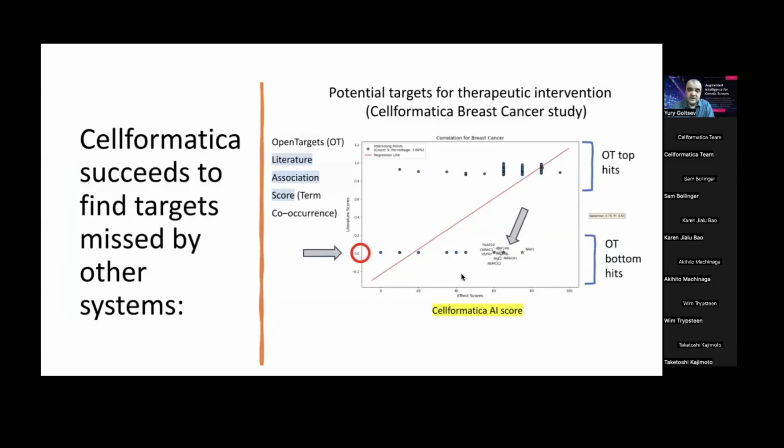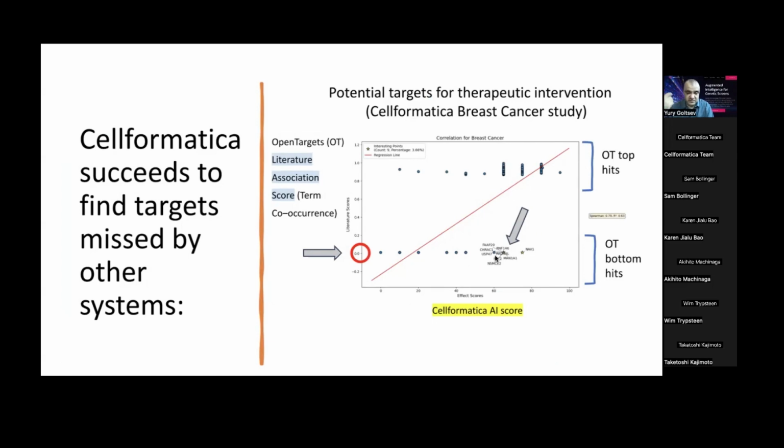Interestingly enough, when we do this analysis by Cellformatica and compare the Open Targets scores with Cellformatica scores, generally we have a correlation, because of course the genes that are mentioned in the literature correlate with what Cellformatica believes is involved in disease. But also, just by using the rationalization techniques that we trained it in, it is able to pull out the genes that have 0 scores in Open Targets and justify them.